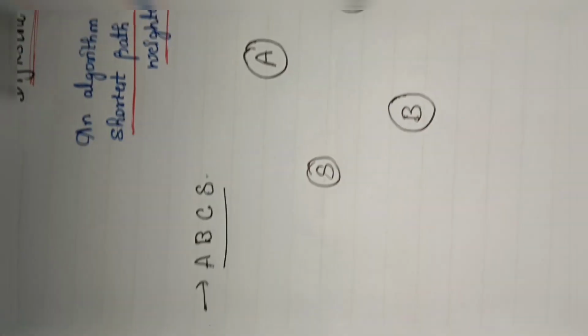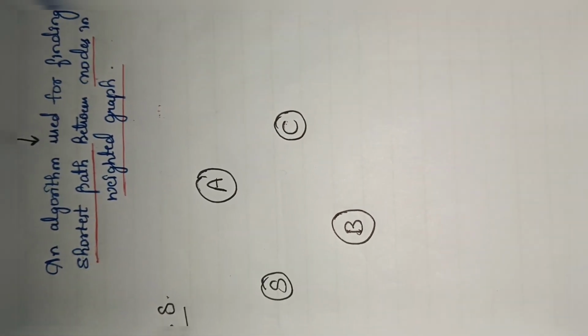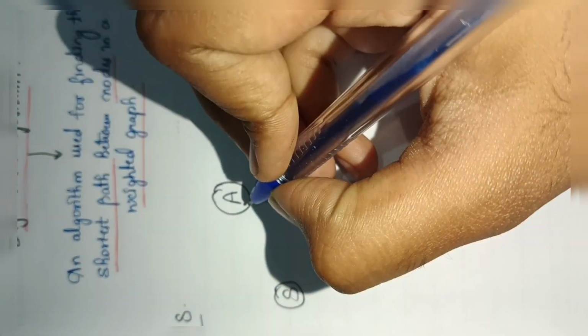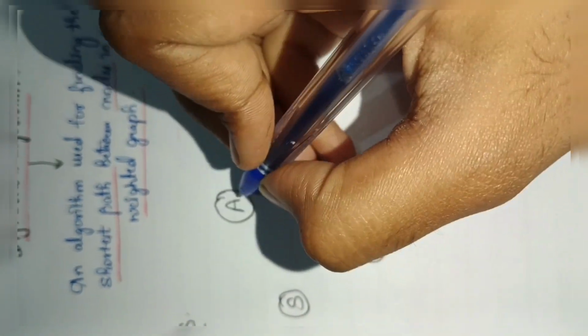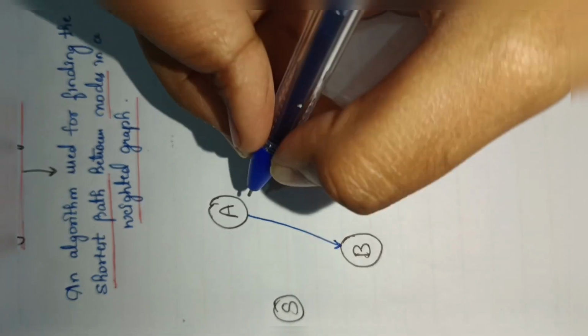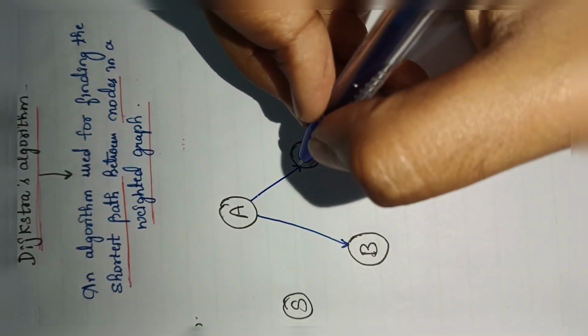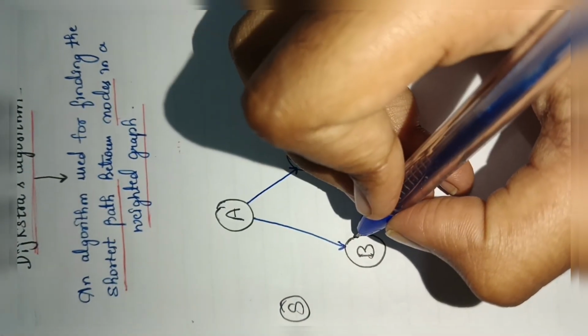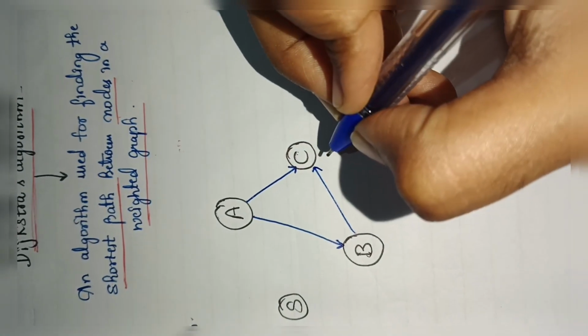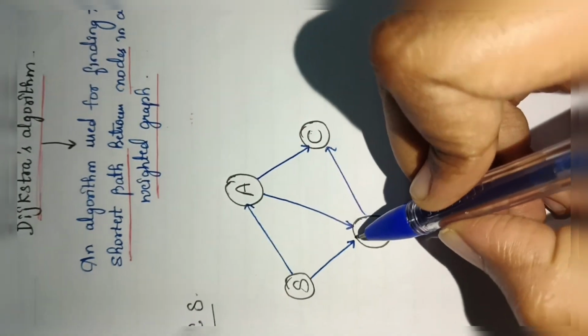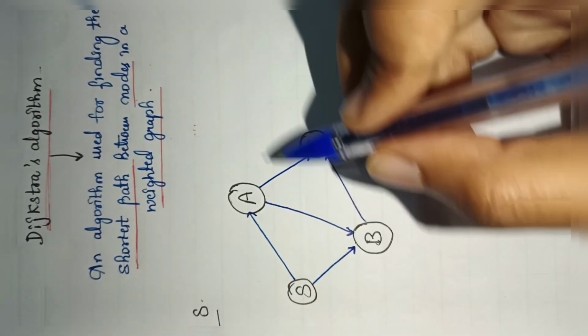So let's connect this graph, and I'll explain it to you. From node A, it is connected to B. This is a directed graph, and from node A again it is connected to C, and from node B it is connected to C. Then from node S it is connected to B, and from node S again it is connected to A. So this is a directed graph because it is showing directions, as you can see here.